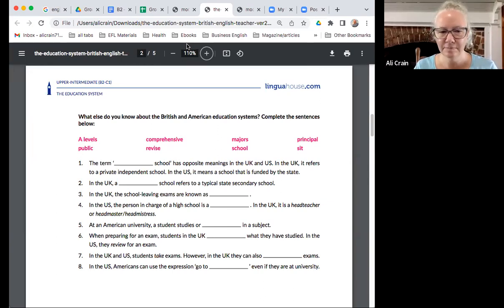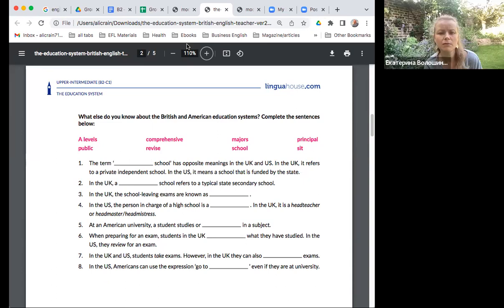The term blah blah blah school has opposite meaning in the UK and the USA. In the UK, it refers to a private independent school. In the US, it means a school that is funded by the state.